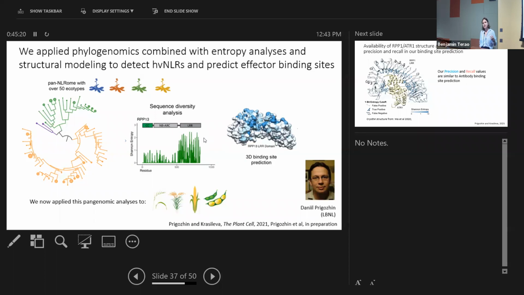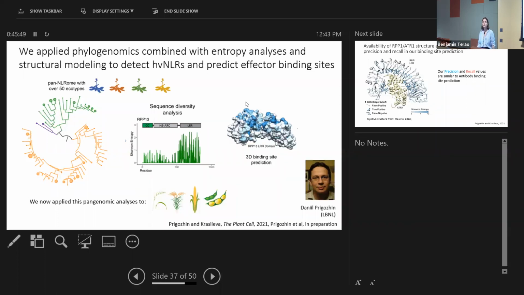When we combine this data with structural models, we observed that these highly variable residues clustered together on the protein surfaces, in the regions of the proteins that are ligand binding. And we postulated that what we're observing here is highly variable ligand binding sites, generation of new specificities in these receptors.